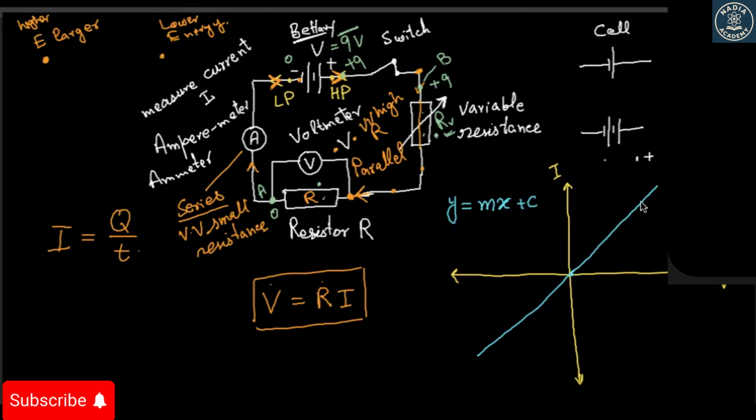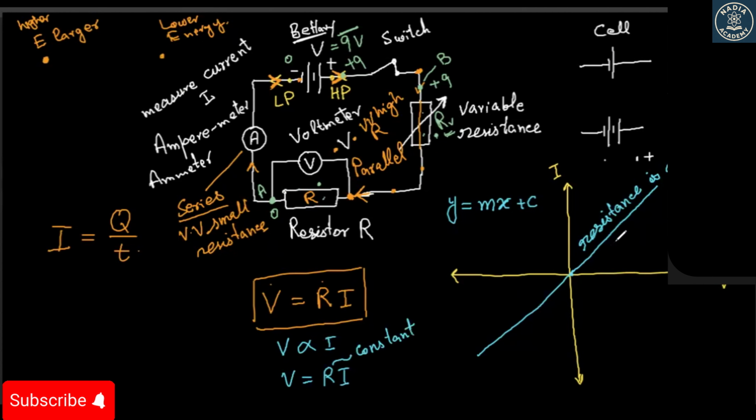What is the meaning of this straight line? This straight line means that the resistance of the resistor is constant. Now, you remember that we said the potential difference is directly proportional to the current, which is Ohm's law: potential difference is equal to resistance times current, and this R was the constant of proportionality.